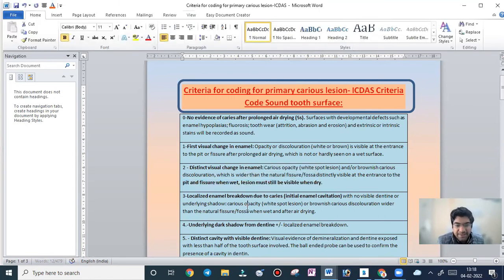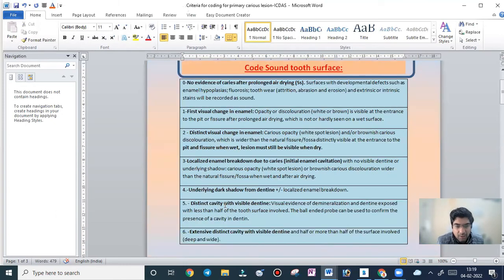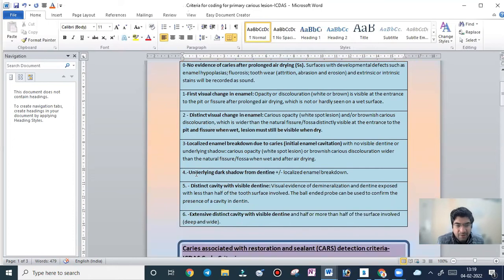The third score is local enamel breakdown due to caries with no visible dentine or underlying shadow. And the fourth score is underlying dark shadow from the dentine, with or without localized enamel breakdown.